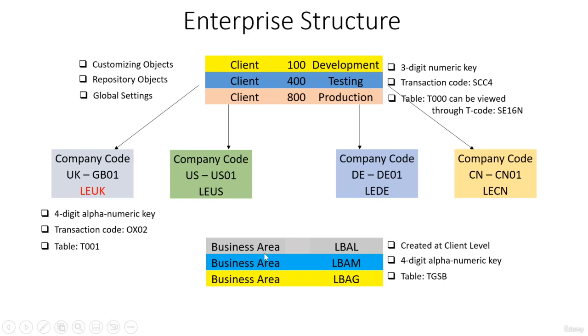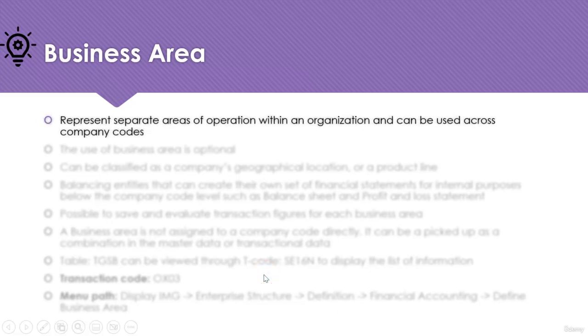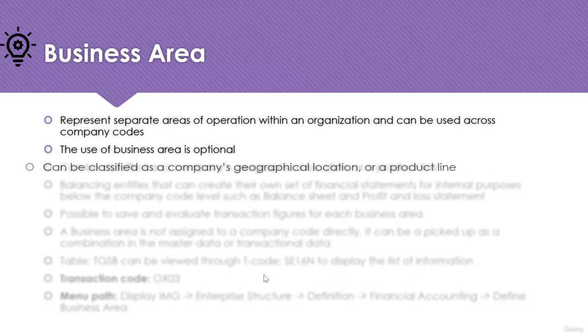And before I create business area, here is a definition or more information on the business area. It represents separate areas of operation within an organization and can be used across company codes. The use of business area is optional. It can be classified as a company's geographical location or a product line.